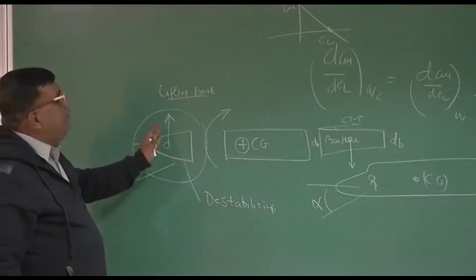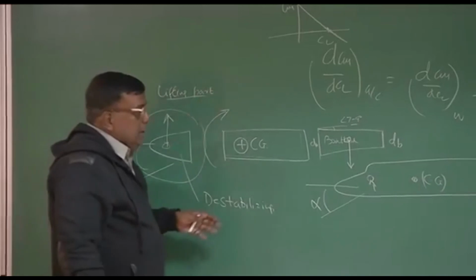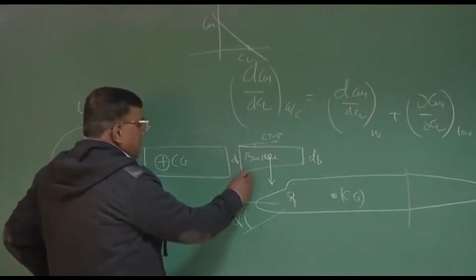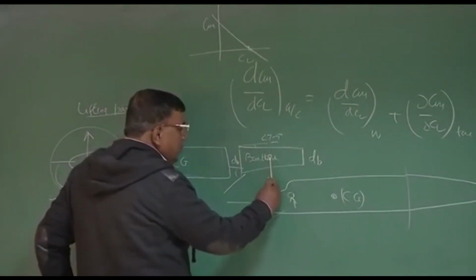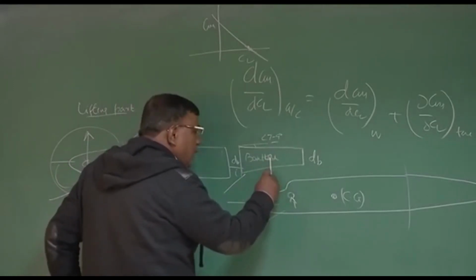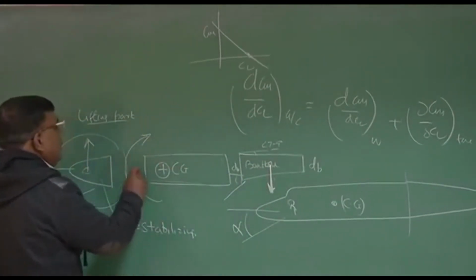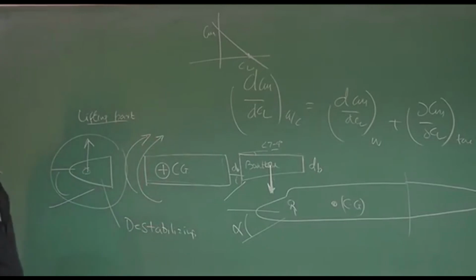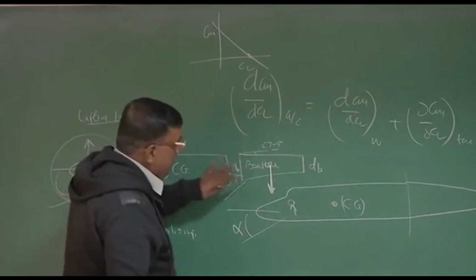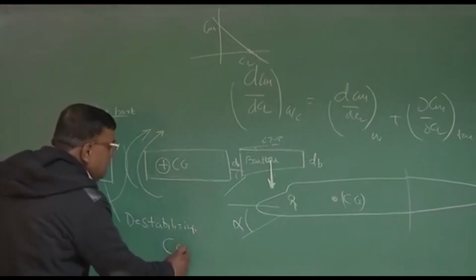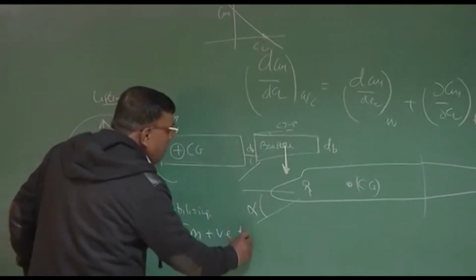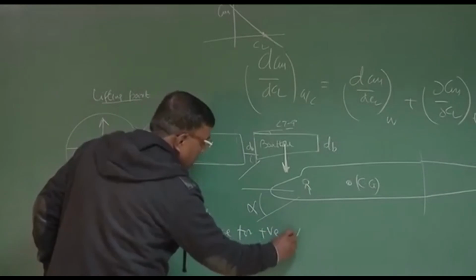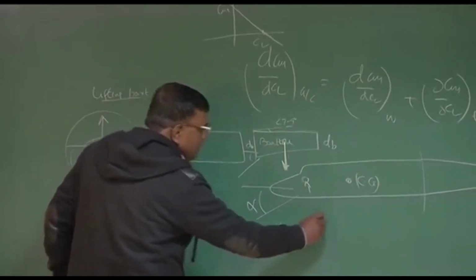But here for positive alpha, it is giving a nose up moment. Now for the boat tail, even for positive alpha, since it's a boat tailing like this, the force will act downward. This also will give a destabilizing effect. Okay? So what we are getting, both nose and boat tail will give Cm positive for positive alpha. So this is destabilizing.